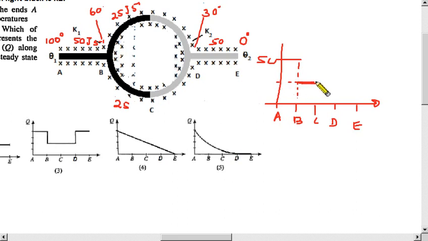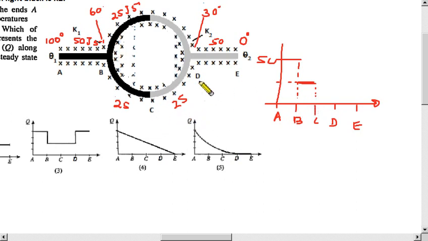B to C, 25. Then C to D also 25, because the material is different, but the rate of heat flow must be equal, because otherwise this temperature doesn't stay constant. But it must stay constant, because the steady state is reached.